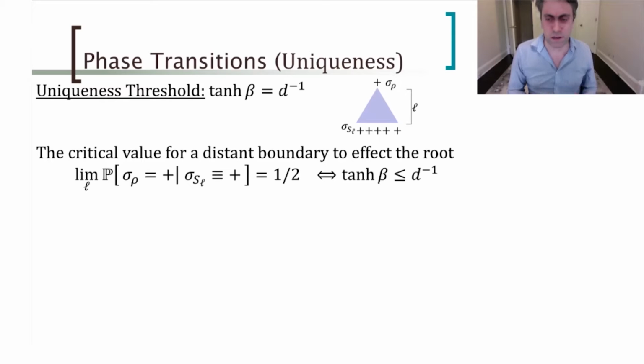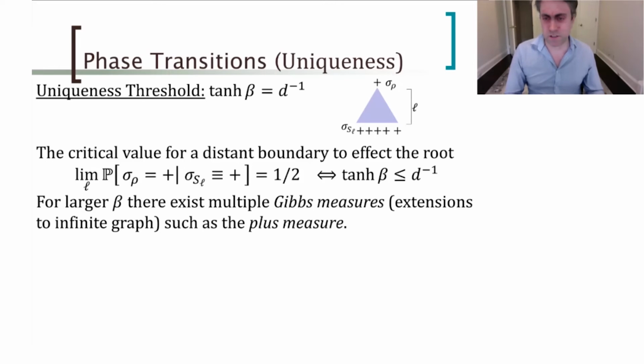And it only happens when tanh of beta is greater than 1 over d. When tanh of beta is less than or equal to 1 over d, then the effect of any boundary condition tends to 0. The reason why it's called the uniqueness threshold is essentially related to the ways in which you can extend the Ising model on a finite part of the tree to the infinite tree.